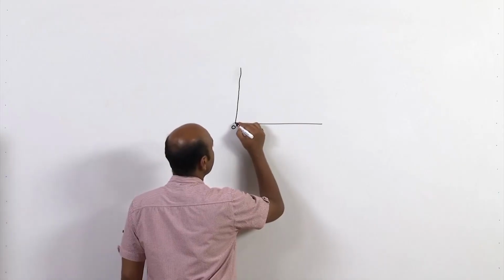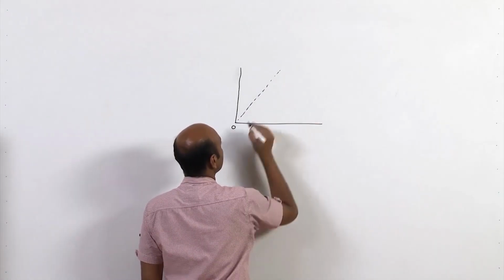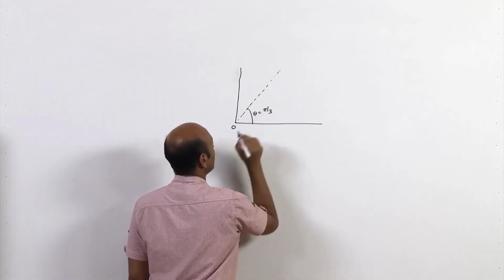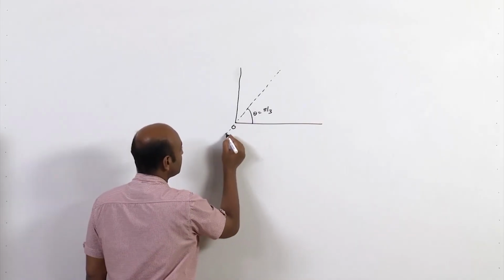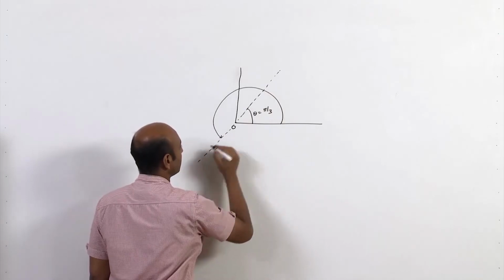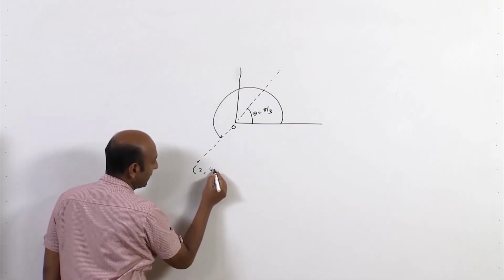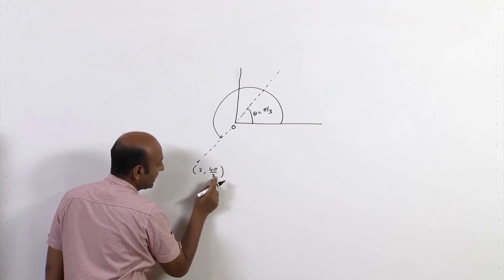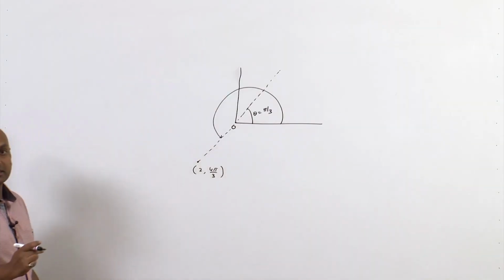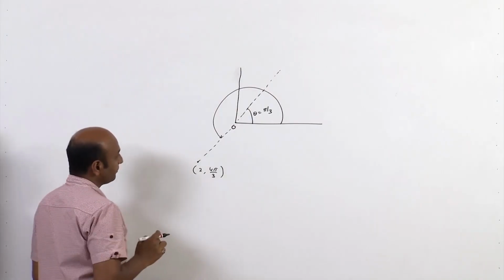This is pi by 3, 60 degrees. Okay. And pi plus pi by 3 is somewhere here. So say this point is 2 comma 4 pi by 3. Theta is positive, so we have to move in the anti-clockwise direction from the initial line. Okay. So this point is 2 comma 4 pi by 3.